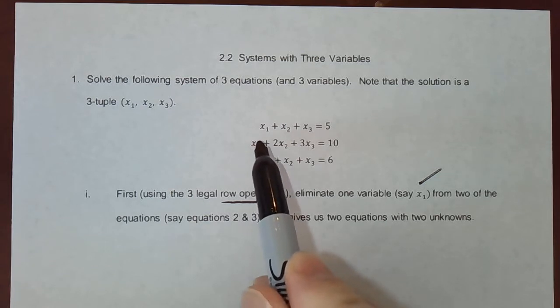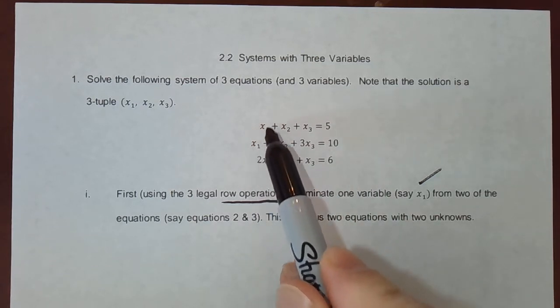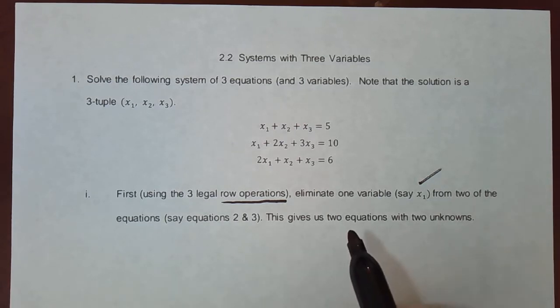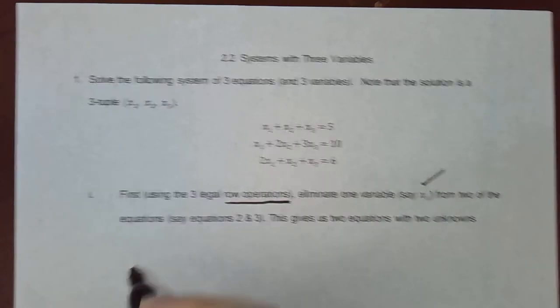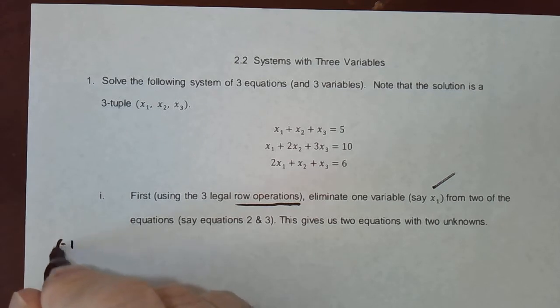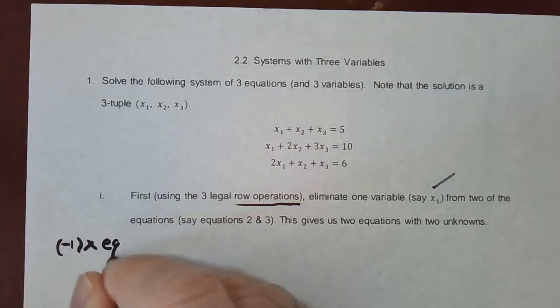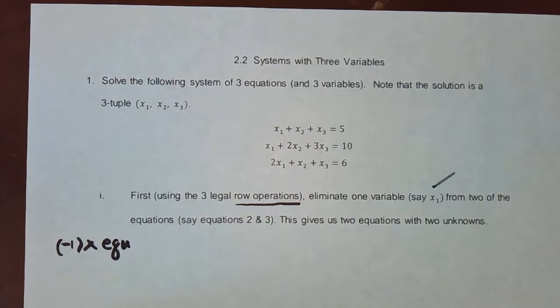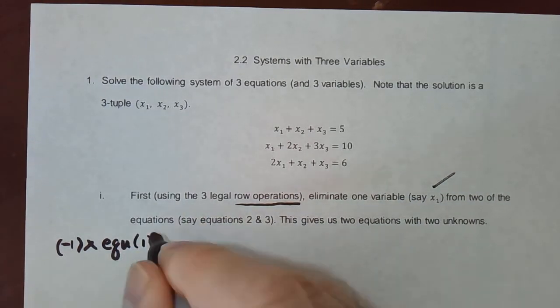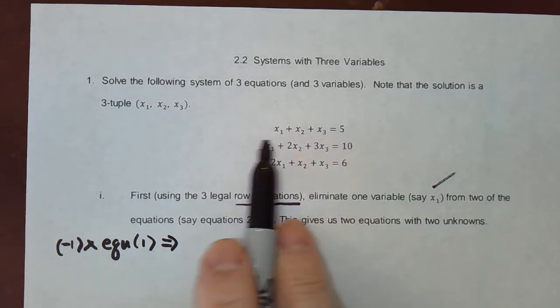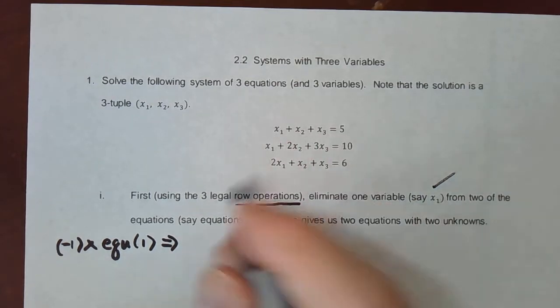So as I alluded to earlier, if I want to eliminate the x1 here in equation number 2, it'd be nice if the row right above it had a negative x1 there. So I'm going to take row number 1, and I'm going to multiply it by -1. Maybe I'll call it equation 1 instead of row 1. And what does that give us? If we multiply it by -1, we just have to change all of the signs.